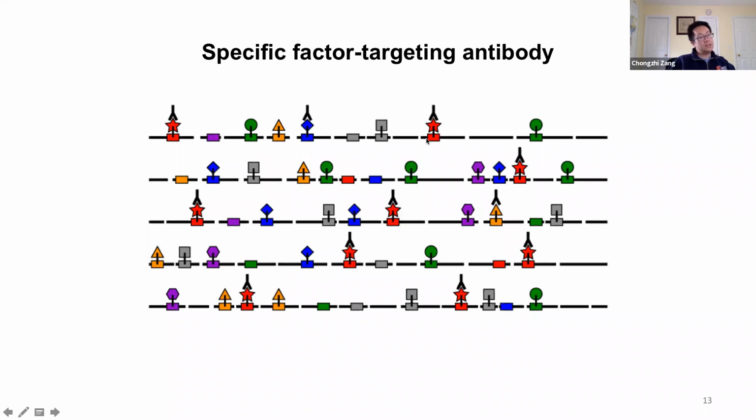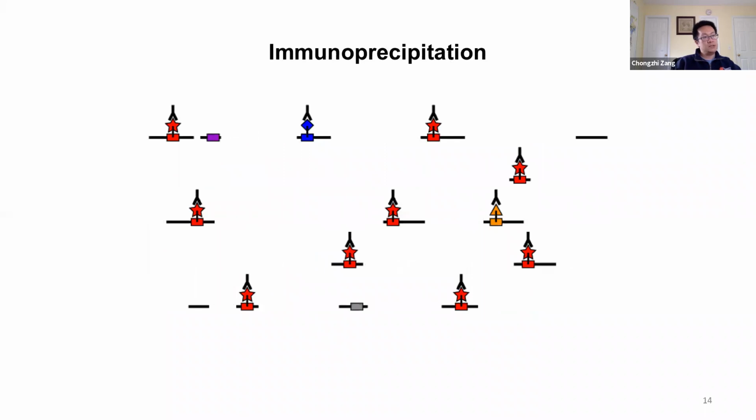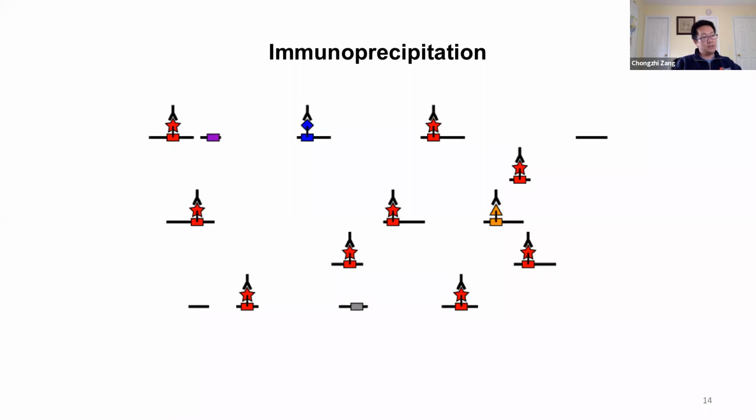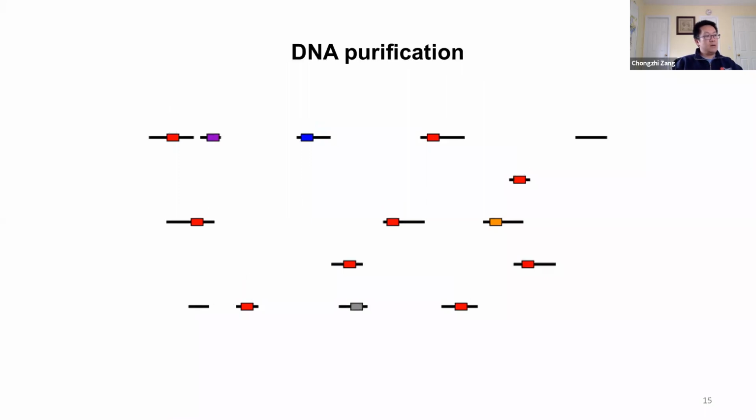So we use this specific antibody to target our protein-DNA complexes of interest in a process of immunoprecipitation, and to pull down these protein-DNA complexes. And now we wash out all the protein part and only keep the DNA. So now we have the genomic DNA fragments that are associated with the protein factor we are targeting.